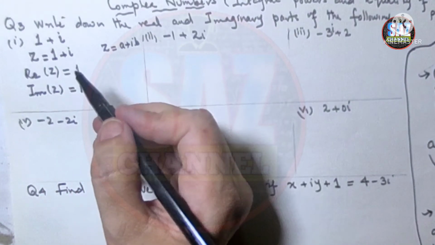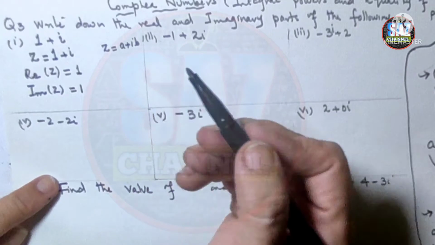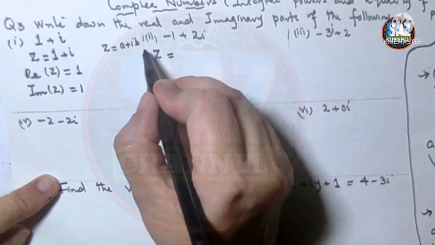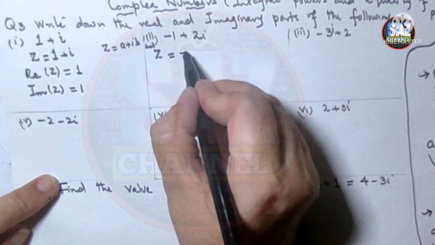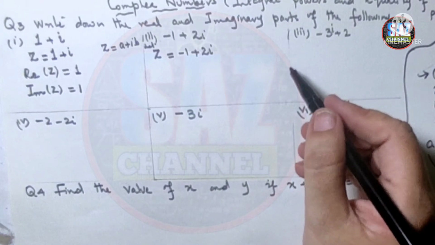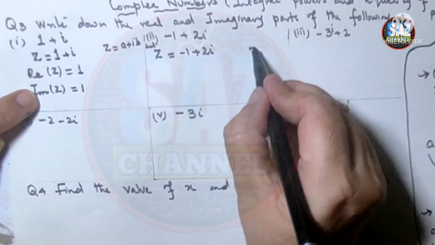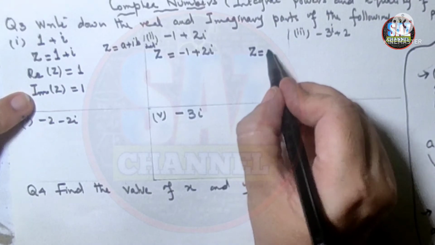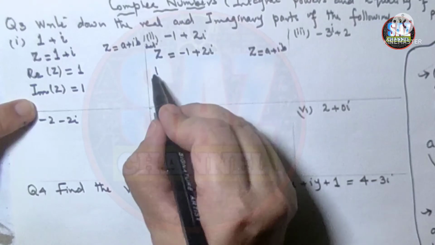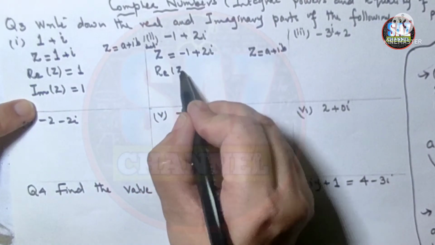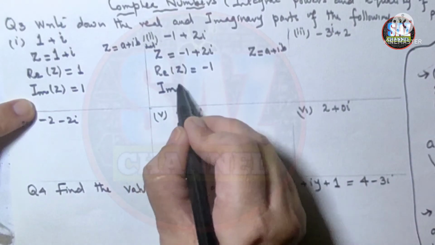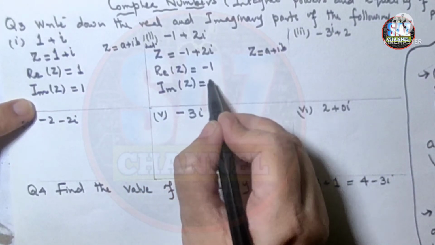Okay, and then the next question is minus 1 plus 2 iota. Again we suppose this is z equals minus 1 plus 2 iota, and we compare it with the general or standard form of the complex number, which is a plus iota b. A is the real part, so real part of z equals minus 1, and imaginary part of z equals 2.